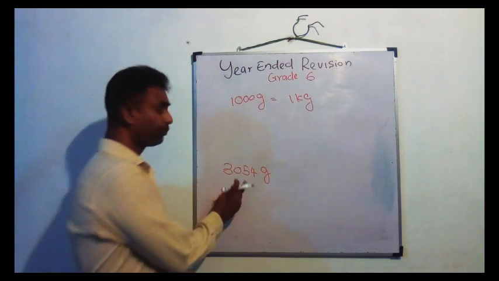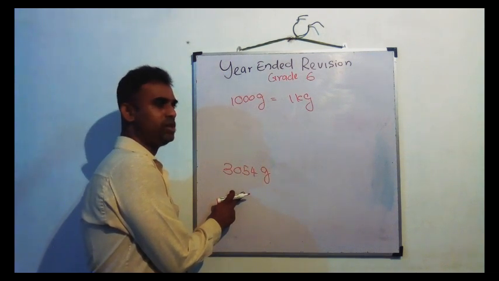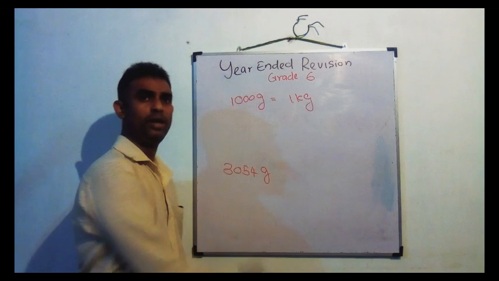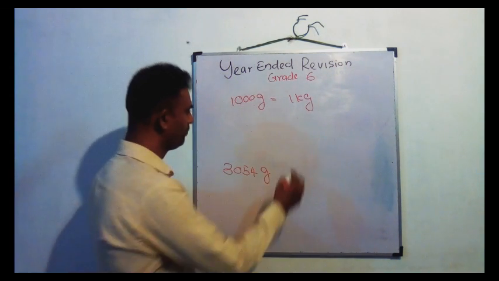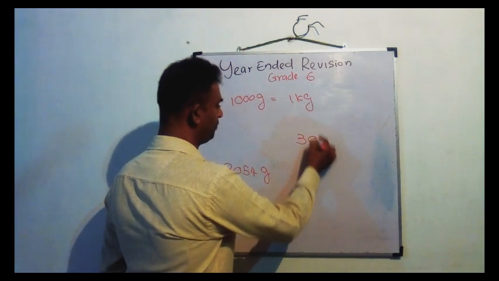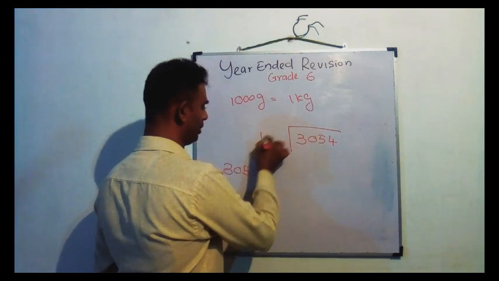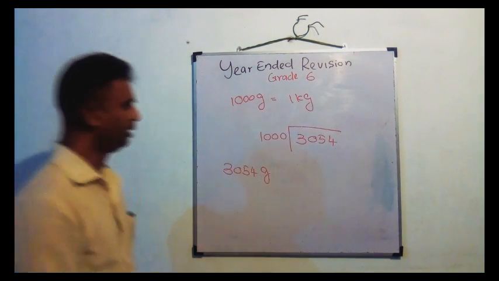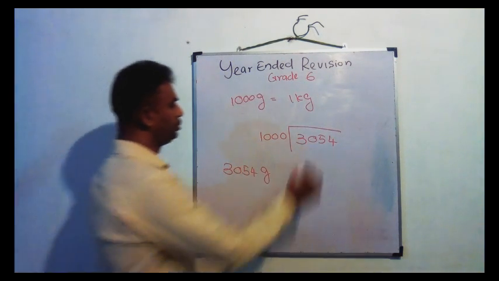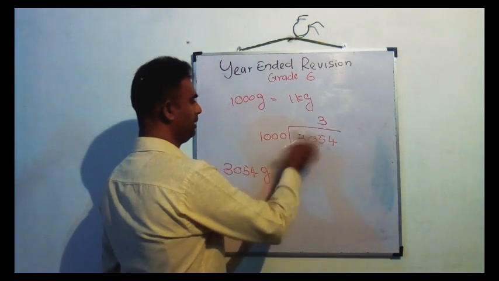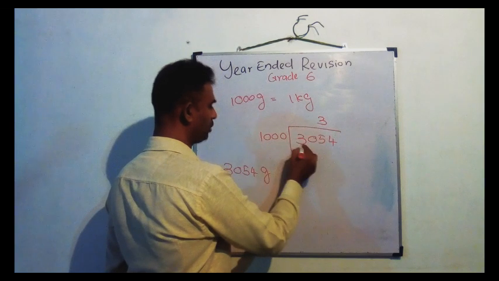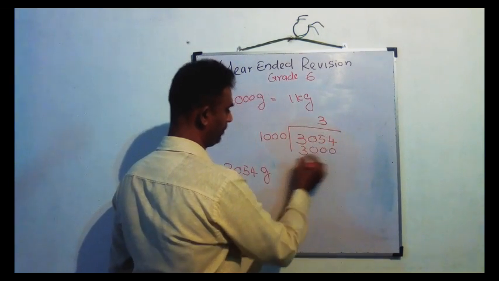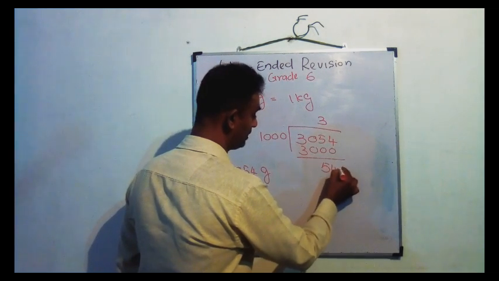Therefore, to convert grams into kilograms, we want to divide by 1000. See here, 3054, I will divide by 1000. 3 into 1000 is 3000. The balance is 54, and this will remain.